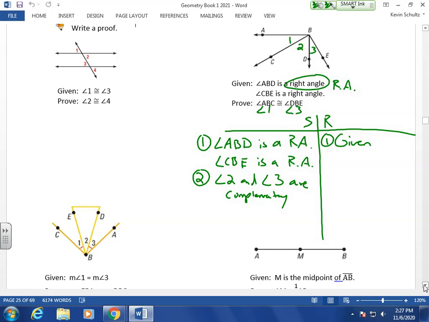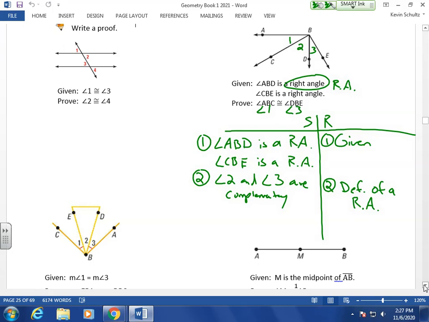Okay, and our reason for that, we could say the definition of a right angle. That 2 and 3 make up that right angle. The right angle is 90 degrees. Therefore, angles 2 and 3 are complementary angles.